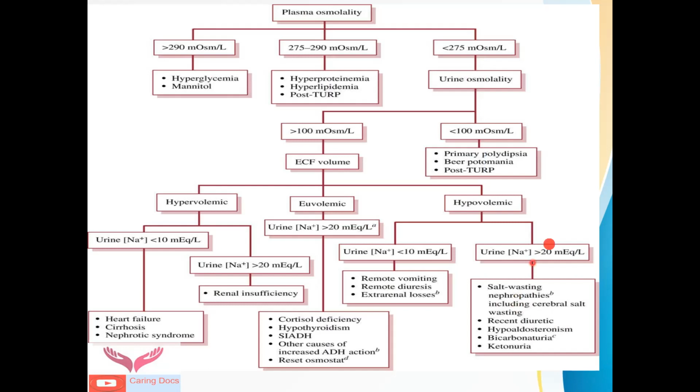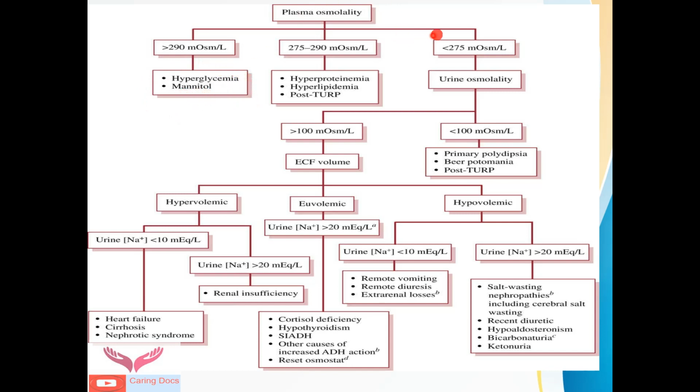So the approach will be, first, if the patient comes with a low sodium, or sodium less than 135 milliequivalent, just check the plasma osmolality. If it is more than 290 milliosmol per liter, then it is a pseudo hyponatremia, maybe because of hyperglycemia or mannitol.